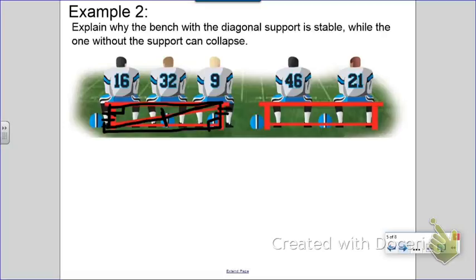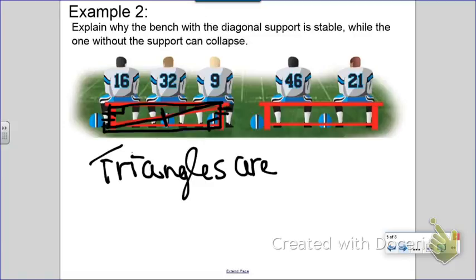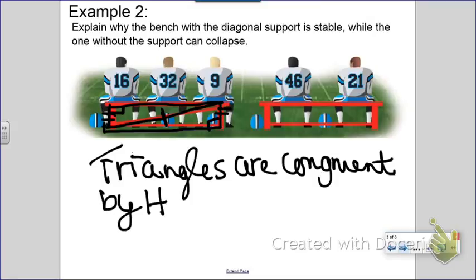So we could say that the triangles are congruent by the HL theorem, which makes it much more stable of support.